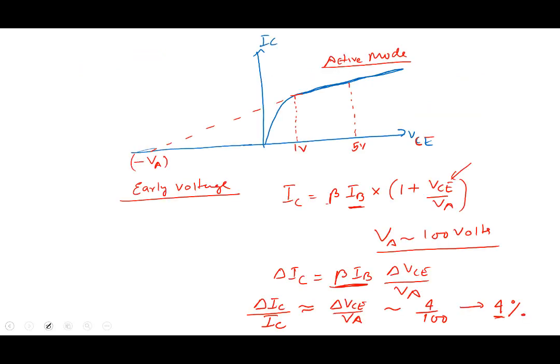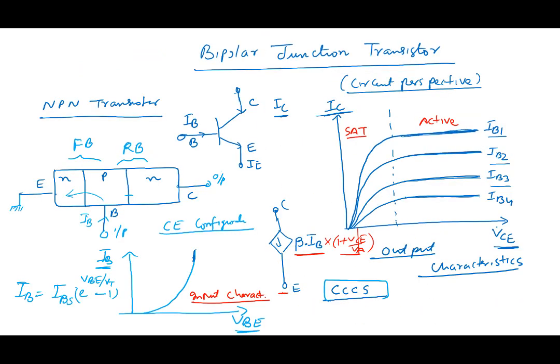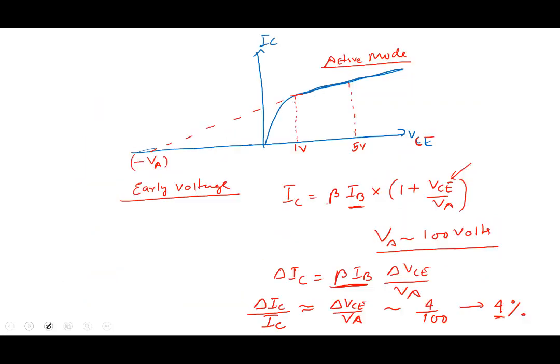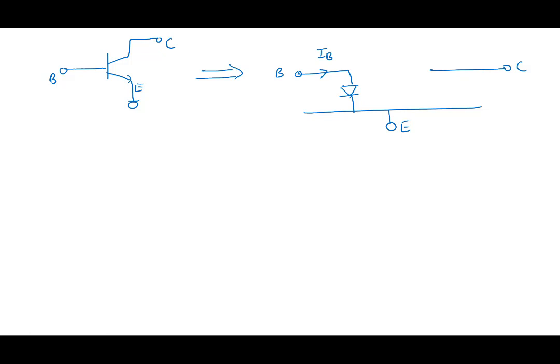Between collector and emitter, what did we say? Note this current source, a current controlled current source. If we want to make the complete model of the transistor, we should put here beta IB, and to be more accurate, we should put here 1 plus VCE by VA.